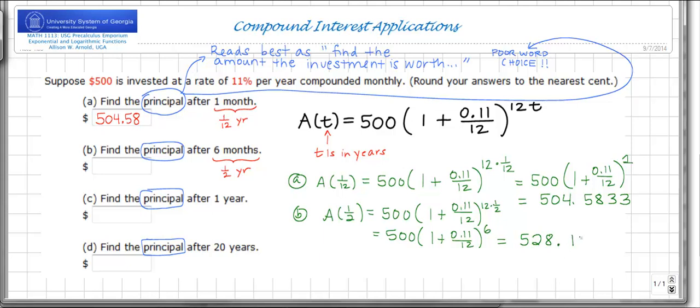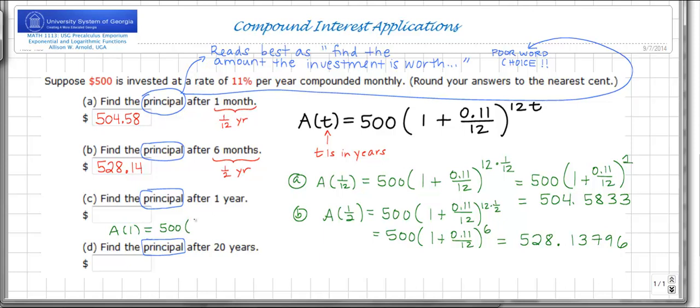Carry the decimals out a little bit, and then we can see how we should round this to 528.14.